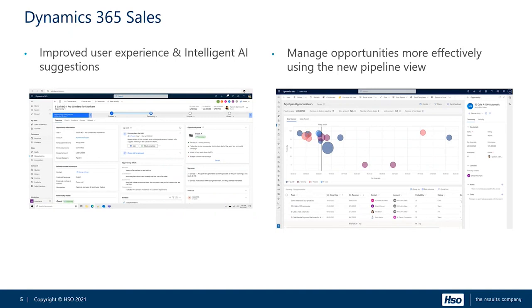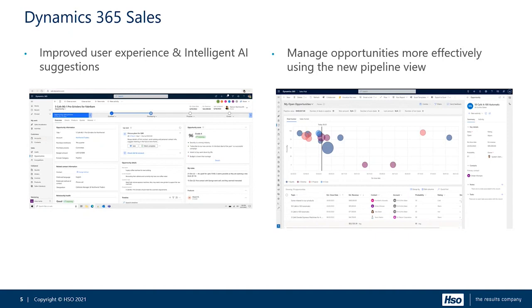So what Microsoft have done is taken what the current user interface looks like and optimized it in a way that the sellers can easily view their information on a single screen rather than having to click on multiple tabs, giving them a very good summary view of the customers or the opportunities that they're dealing with without having to click through different tabs.